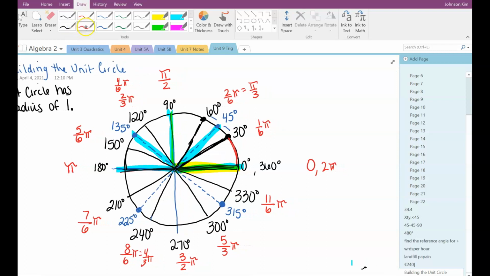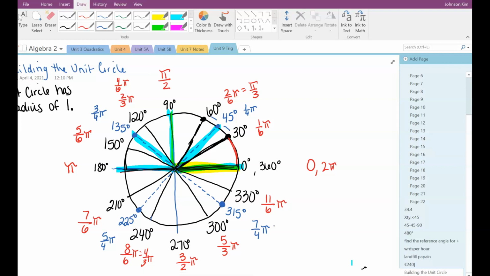Here, this is 1/4 pi. I'll fill them in blue so that we can see them a little bit better. So 1/4 pi, this will be 3/4 pi, this will be 5/4 pi, and then the last one, 7/4 pi. Okay, so now we have our complete unit circle built in degrees and in radians.